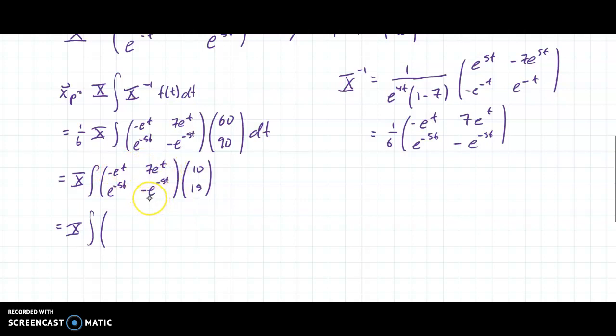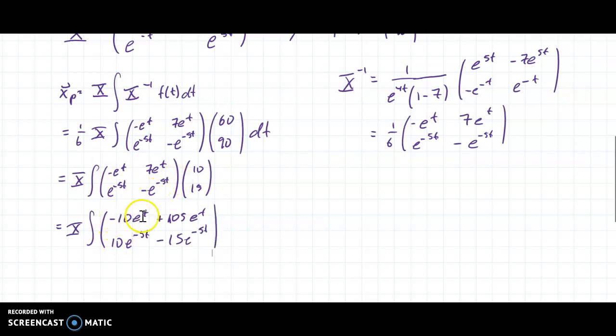That's going to give me negative 10 e to the t, and then plus, all right, 15 times 7 is 105 e to the t. And then the bottom row is going to give me this times this, which gives me a 10 e to the negative 5t, and a minus 15 e to the negative 5t.